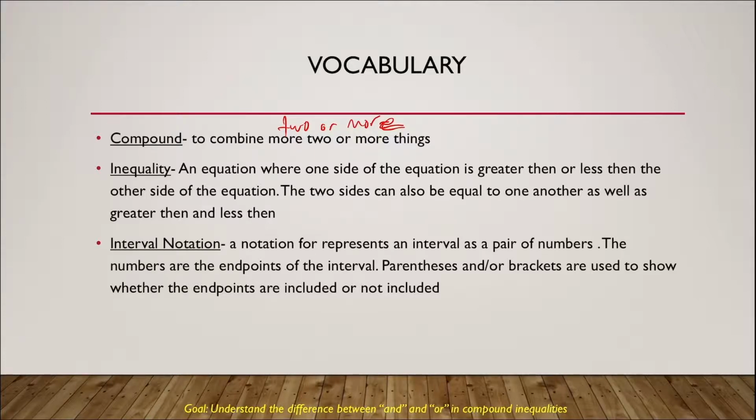Interval notation is something that we've already talked about. It's a notation to represent an interval as a pair of numbers. The numbers are the endpoints of the interval. Parentheses and or brackets are used to show whether the endpoints are included or not included.